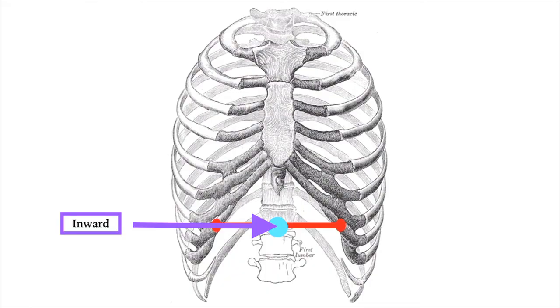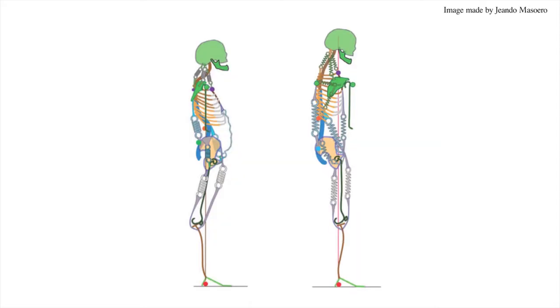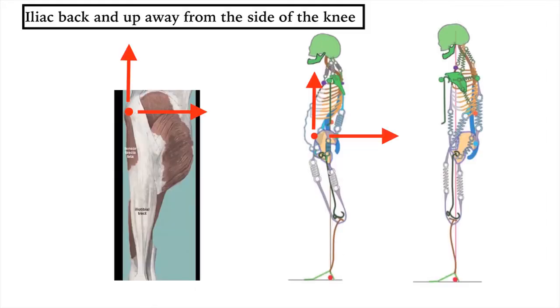So if the order is to point the elbow outward, outward means away from that center point, parallel to the rib 8 line. We no longer need the book and pencil. Now we have some specific points on our body that we can move in specific directions. For instance, we can pull the iliacs back and up away from the side of the knee, and know what back and up specifically mean.